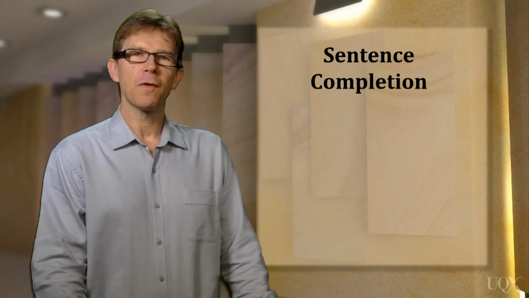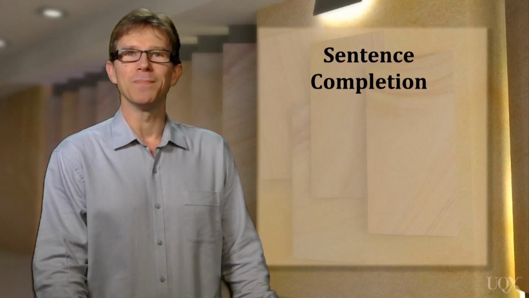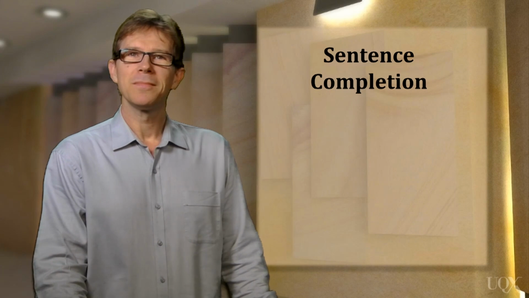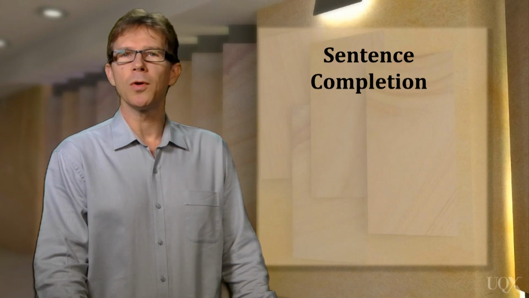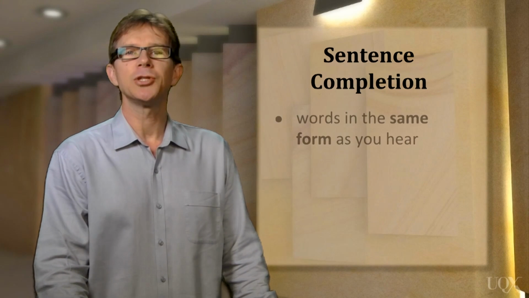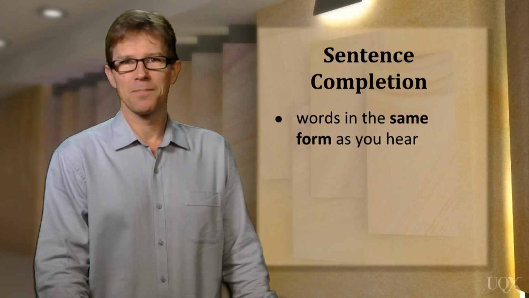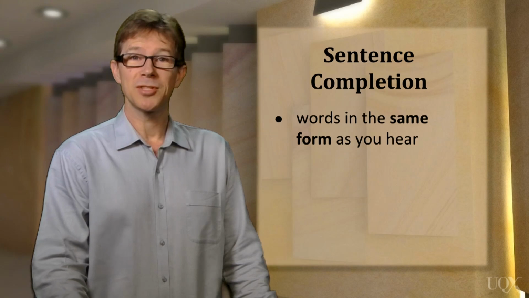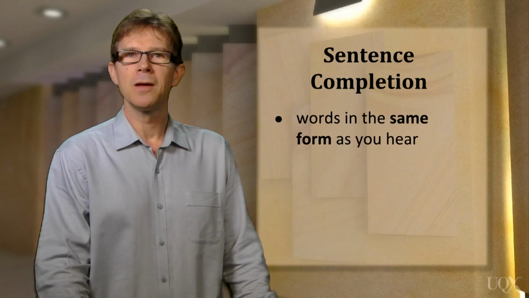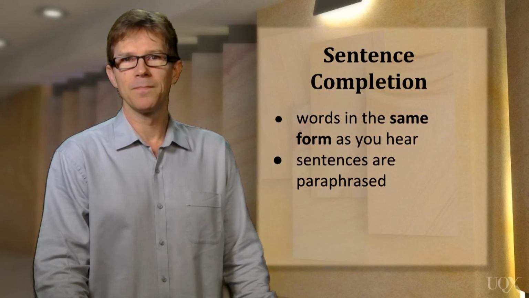There are a few very important things to remember when you do this type of question. First of all, you need to write down the missing word or missing words in exactly the same form as you hear them. You should not change the words in any way. Also, the sentences on the question paper are a paraphrased form of what you hear in the recording.